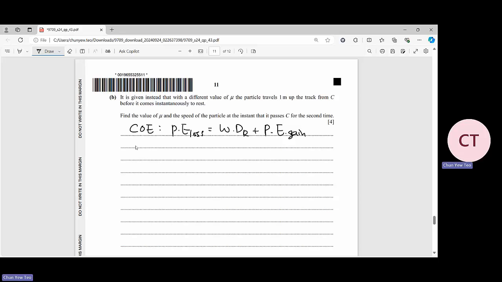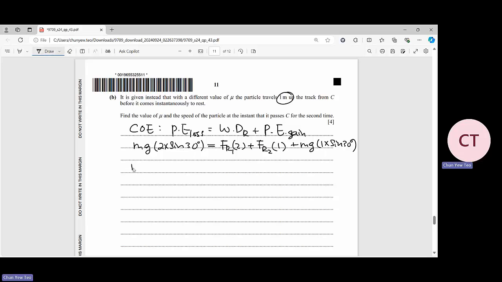The work done by the resistance, we have 2 surfaces. One is FR1 multiplied by 2, one is FR2 multiplied by 1 meter. Then the GPE here is the mass multiplied by g times 1 meter.